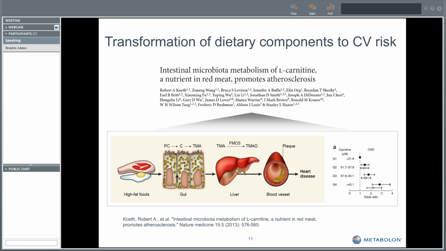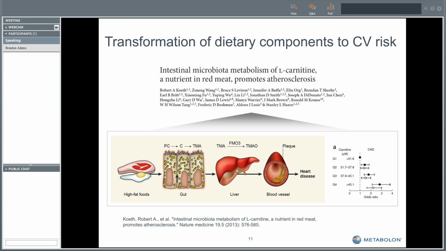Small metabolites produced by those microbes also can be involved in the health status of the host. And one example is work that's done by Dr. Stanley Hazen from Cleveland Clinic, where he shows that microbes can take nutrients such as choline and carnitine, those are really abundant in red meat, and convert those to the metabolite TMA, trimethylamine.